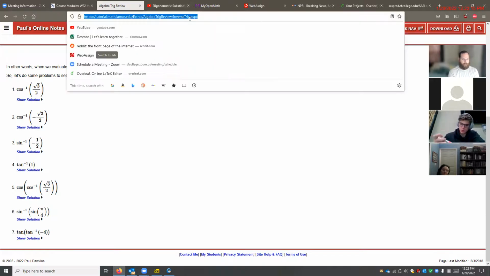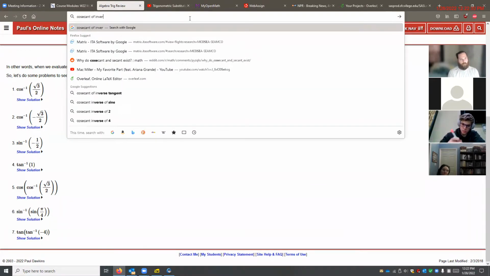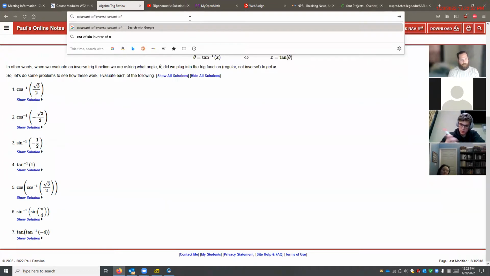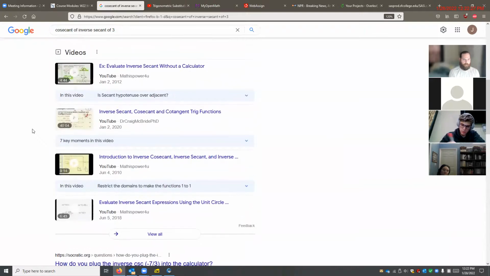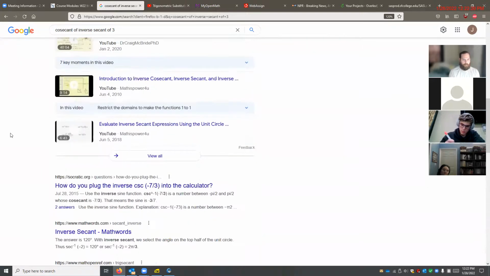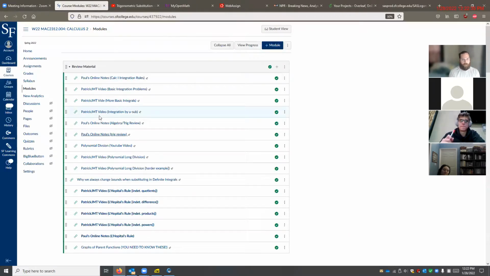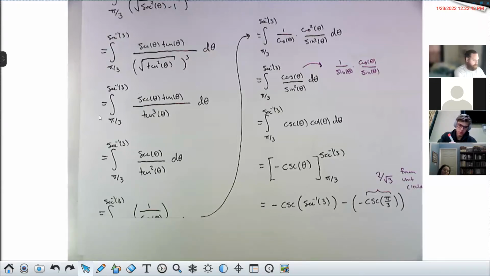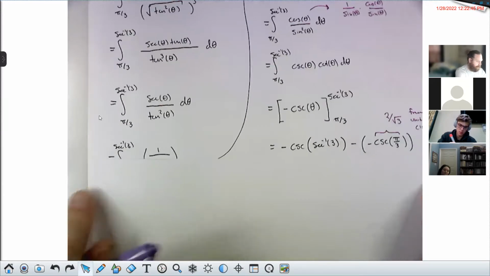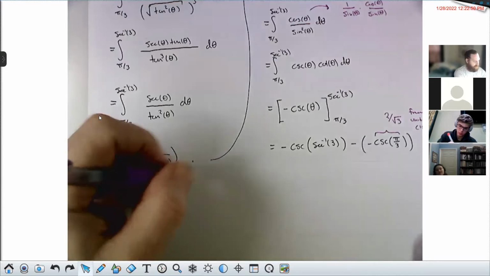You can also Google around, like cosecant of secant inverse, and there's lots of things out there you can Google around. I will show you. This is something that is supposed to be taught in trig classes, but I have a feeling that depending on who you took trig with, it's a little sus.